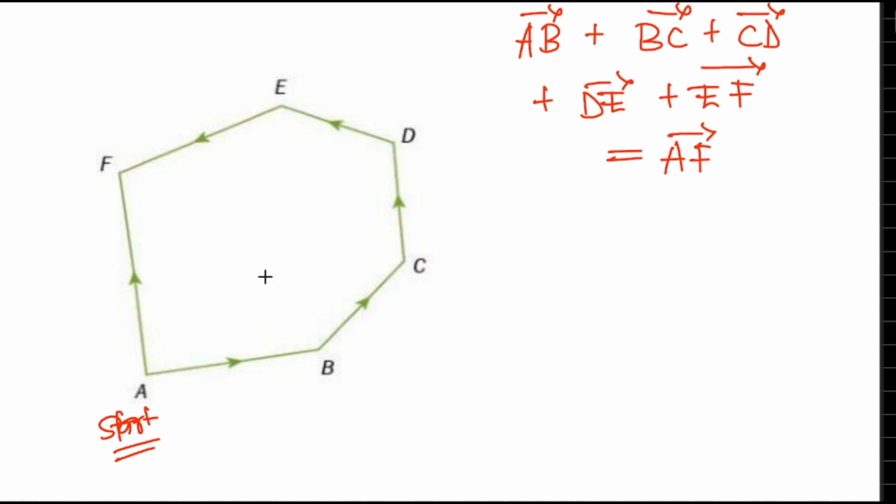Remember, it is not FA. You have to come to the back of the arrow. Consider the arrow whenever you are moving. So the resultant, if you add all the vectors together from A to F, we have AF.